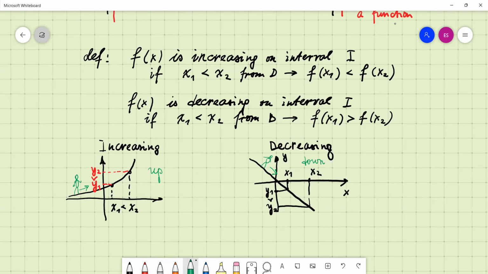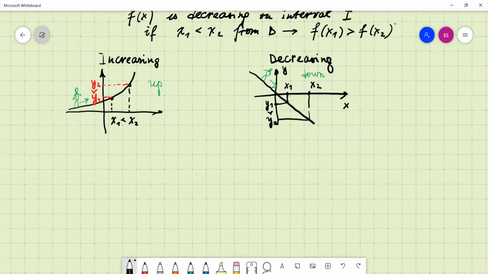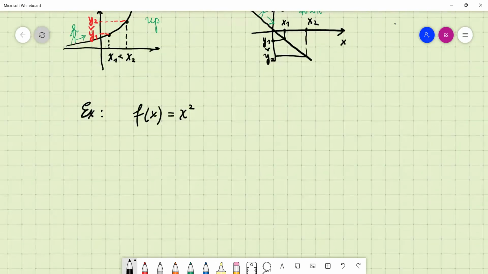Let me give you an example which combines both increasing and decreasing intervals. Example, f of x equals x squared. I'm going to graph the function and then talk about intervals. Well, we already know how the graph is going to look. Remember, that was one of the important functions we had in the previous 10 minutes of the class. That's how the function looks, right? I'm going to label 1, y, and x.